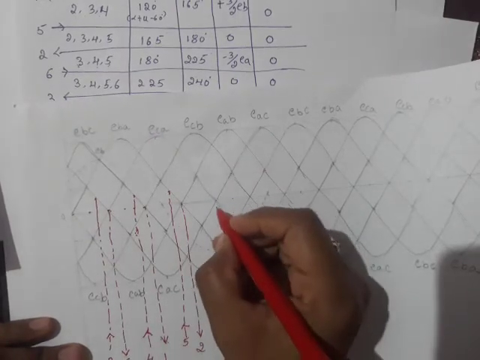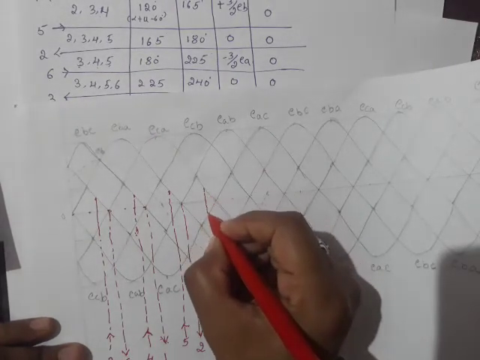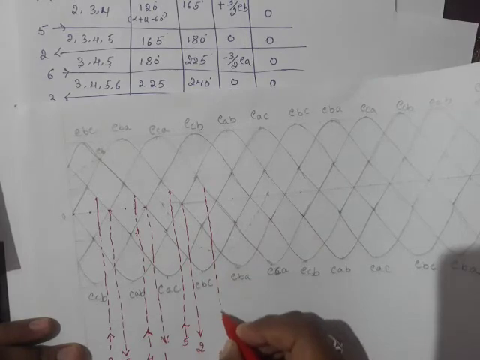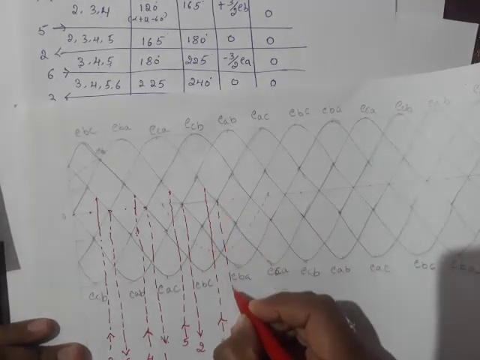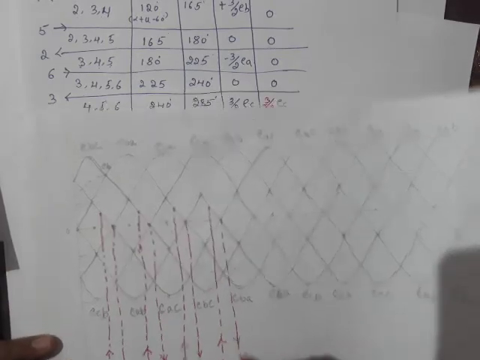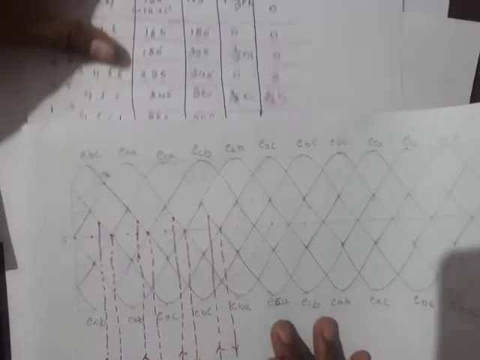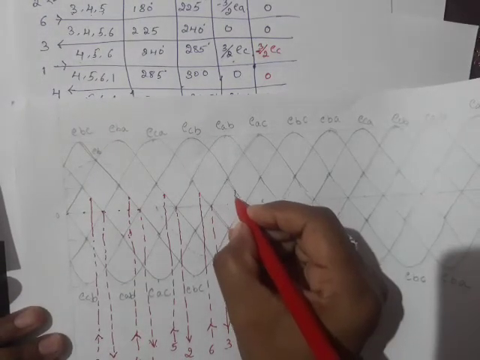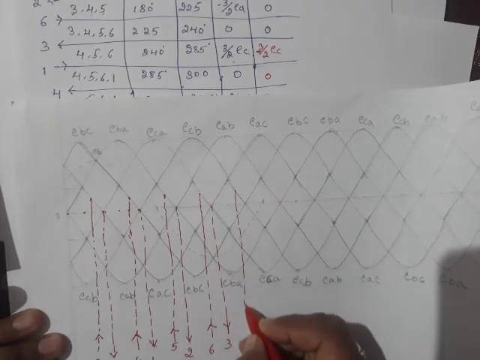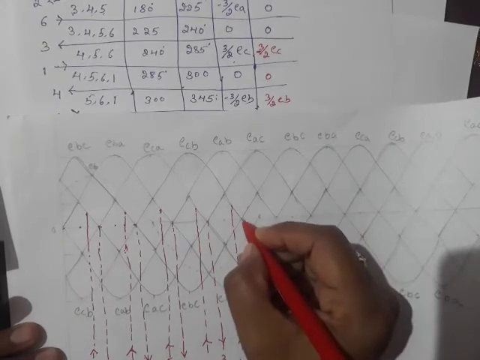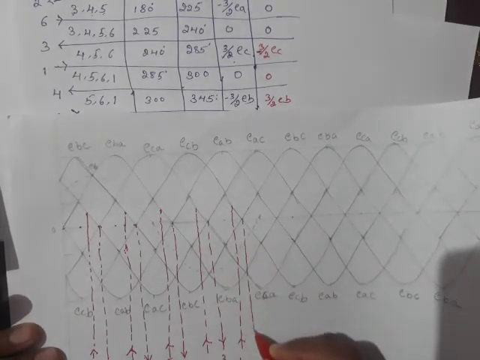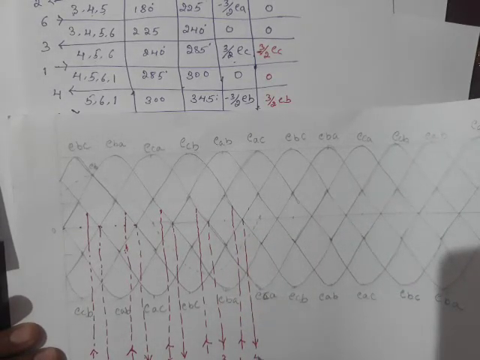Then valve number 6 comes into conduction. Here valve number 3 goes out of conduction. Then valve number 1 comes into conduction. Then valve number 4 goes out of conduction.